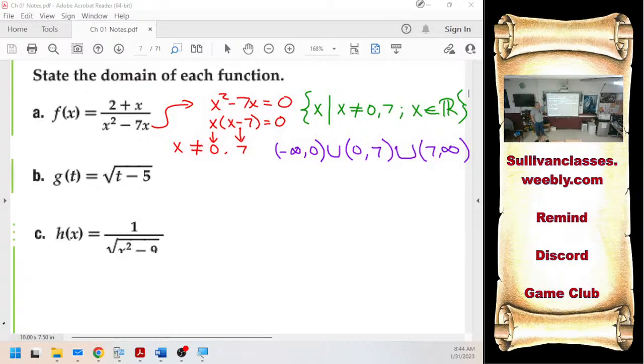But either one of those is acceptable. Purple and green, both set builder and interval notation, they're both allowed. It doesn't say which one you have to do, and we're going to use a little bit of both. We tend to go more towards interval most of the time, but both are legal.